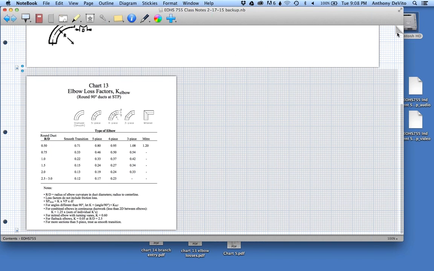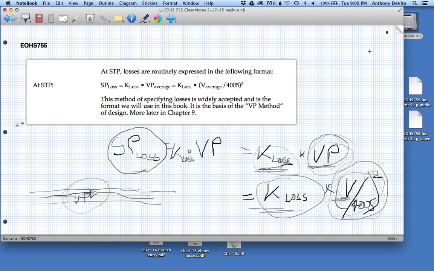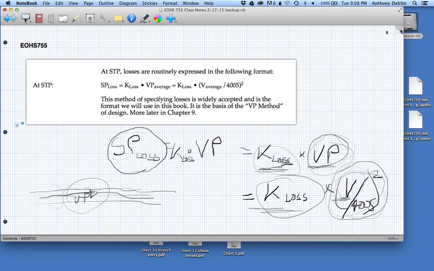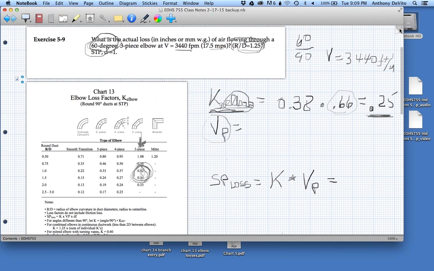My velocity pressure is going to be equal to my velocity over 4,005 squared for US units, which was derived from V equals 4,005 times the square root of velocity pressure. So we're just using that same formula in a slightly different form.